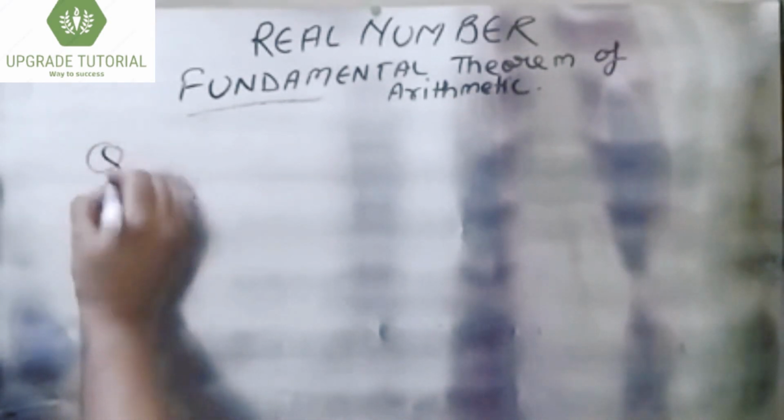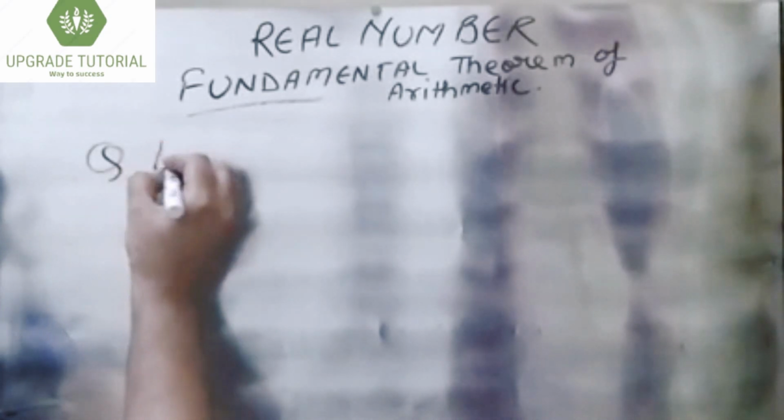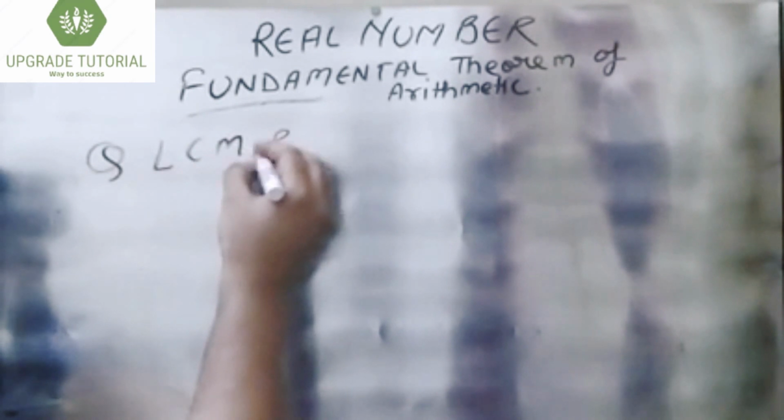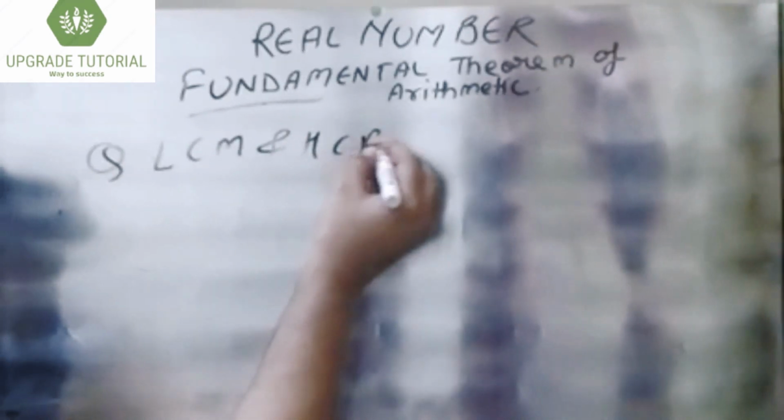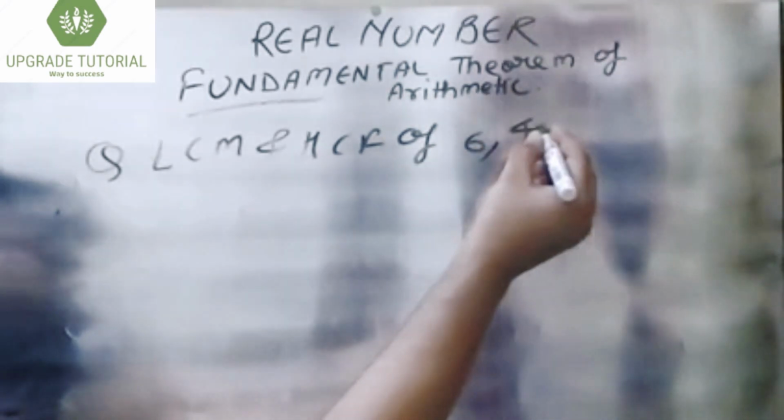Suppose we have to find the HCF and LCM of two numbers, 6 and 20.